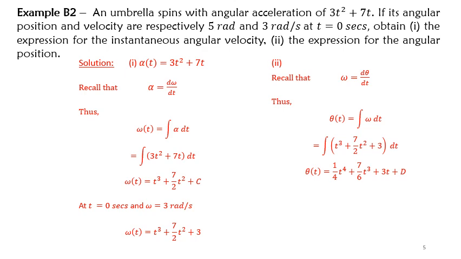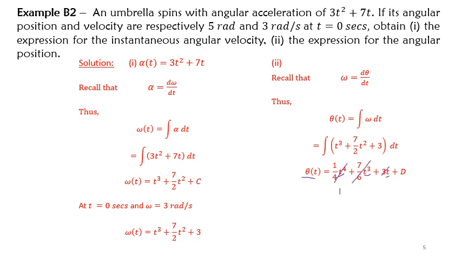So where I have t, substitute 0, and the value of the position at t equals 0 is 5 radians. So put 5 radians where you have your theta, then 0 to the power 4, 0 to the power 3, then 0. So these terms become 0.